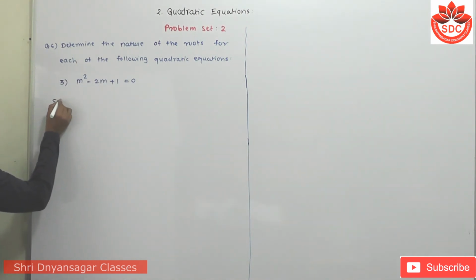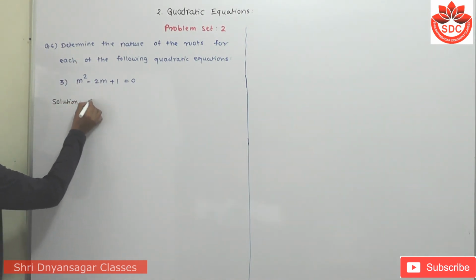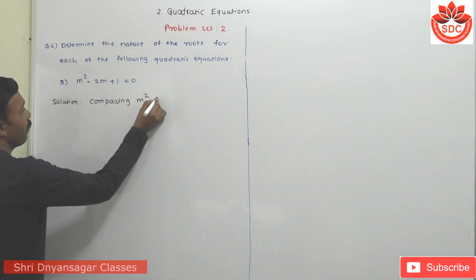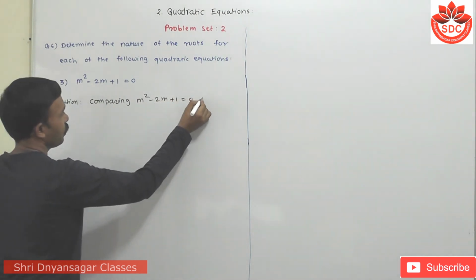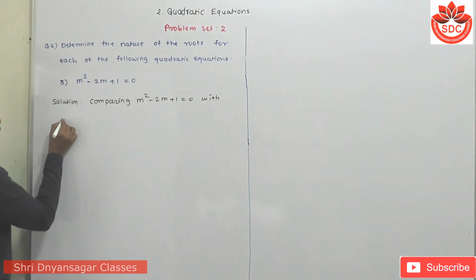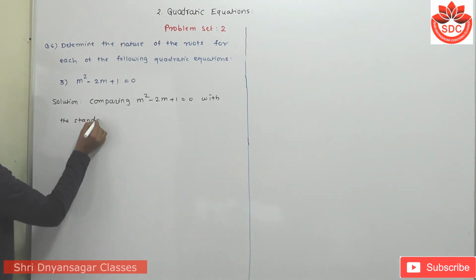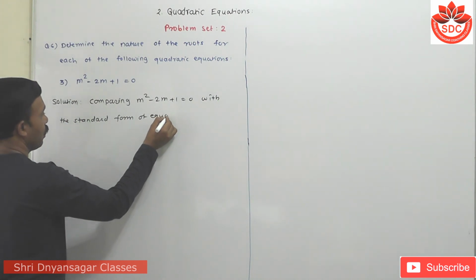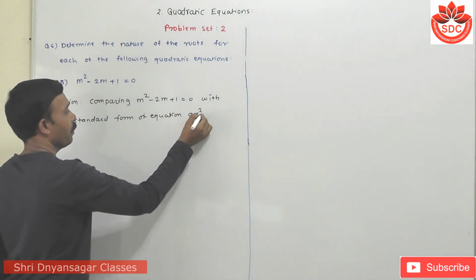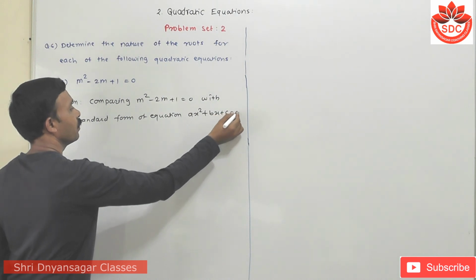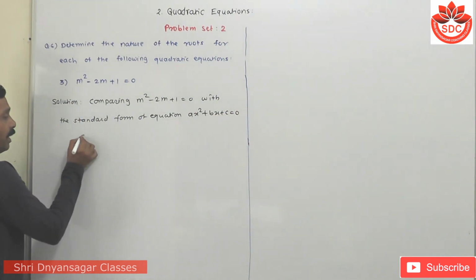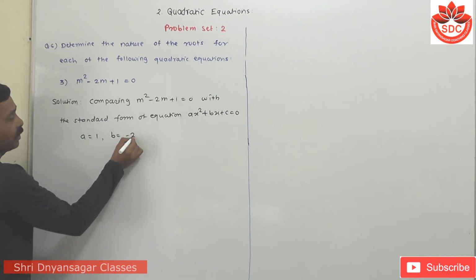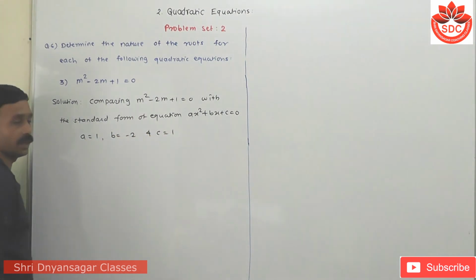So its solution: comparing m square minus twice m plus 1 is equal to 0 with the standard form of the equation ax square plus bx plus c is equal to 0, we get a is 1, b is minus 2 and c is 1.